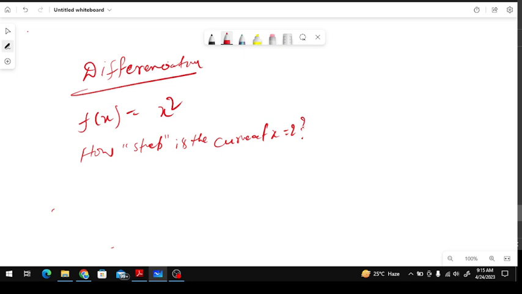It's a question. We can measure the steepness at any point on the curve, and we can visualize this with a tangent line. Think of the tangent line as a straight line that just touches the curve at a given point.